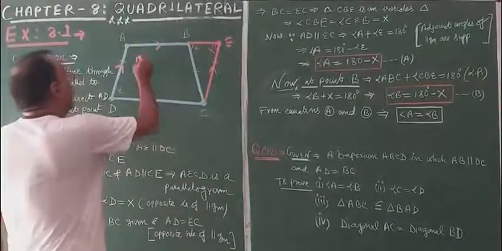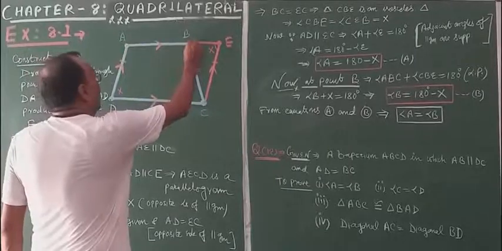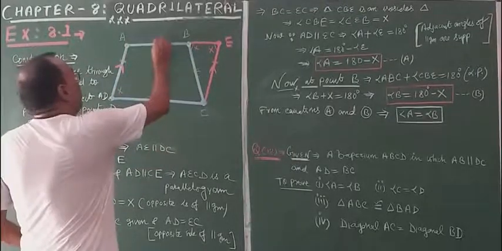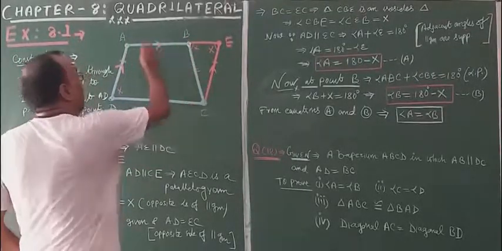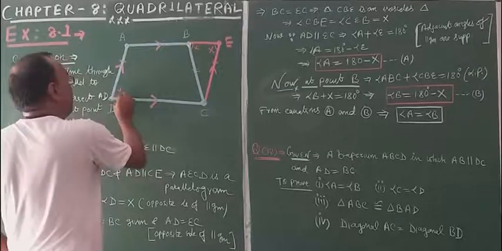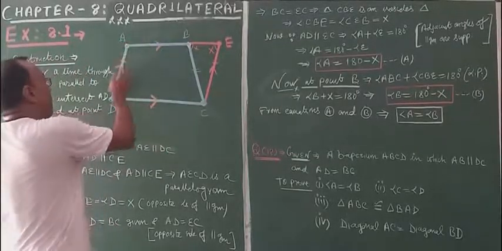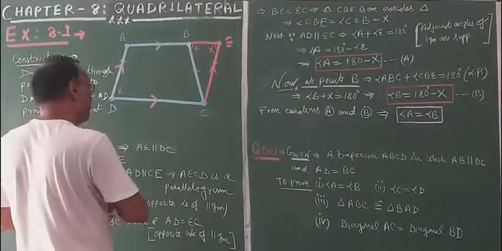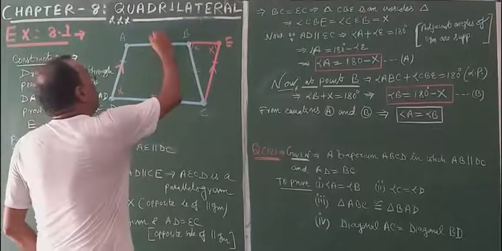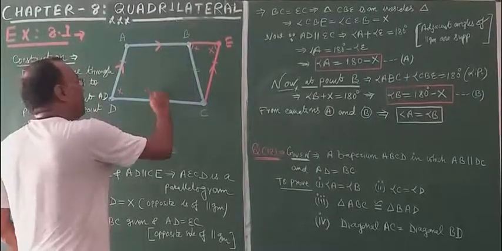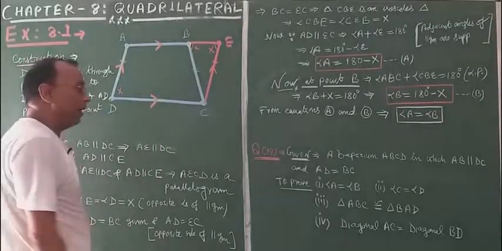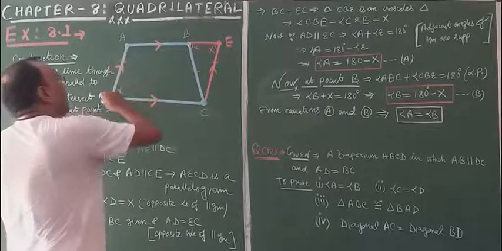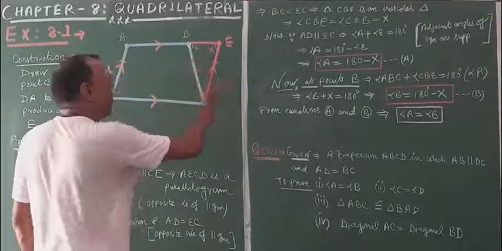This is the given trapezium ABCD, in which AB is parallel to DC, and AD is equal to BC.